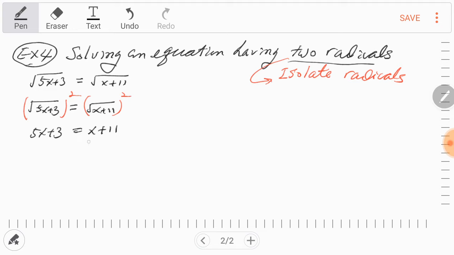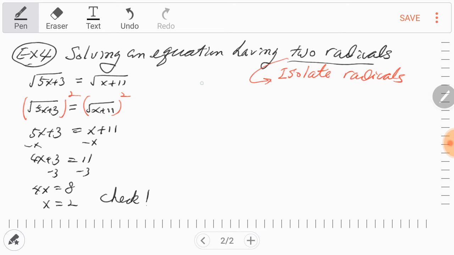So minus x each side. Then 4x plus 3 equals 11. And then minus 3 each side. Then 4x is equal to 8. So x equals 2. We got the value of x, but we have to always do what? Check, right? So let's check if the equation is true.